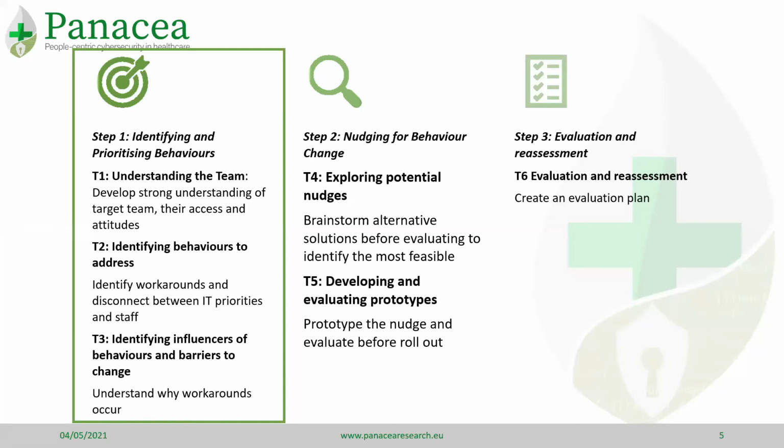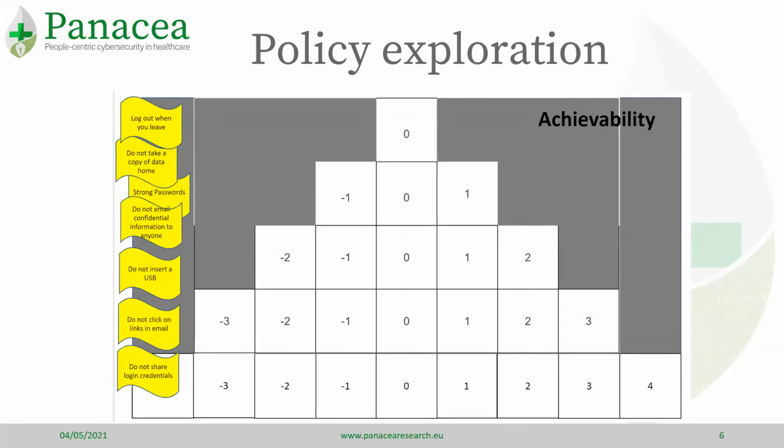From these tools, the behaviours can then be prioritised, and we can start to look at how each prioritised behaviour is being influenced. This tool, for instance, allows an organisation to list the behaviours expected from staff on yellow stickies as listed in their policies. These can be assessed for importance and also achievability.